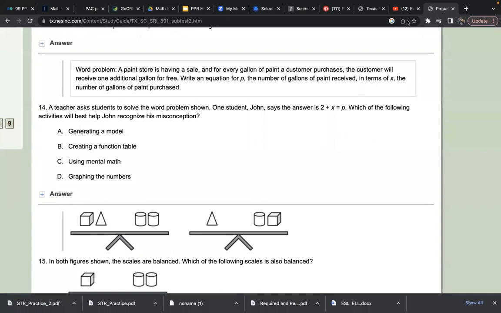Let's look up function table before we make our final decision, because I know it's not use mental math. That's not going to help. He needs help setting up, right?